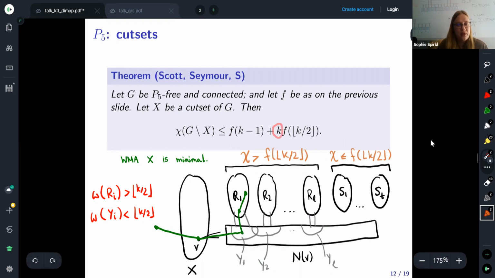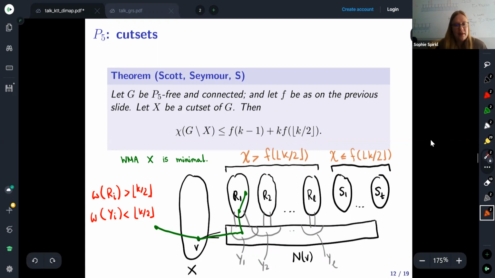There will be a plus 2 here, but also we're deleting a cut set now. So you can think of this as showing that every cut set has large chromatic number, because if we get a cut set of small chromatic number and we know this statement, then we have proved the recursion we want. All right, how do we prove this?